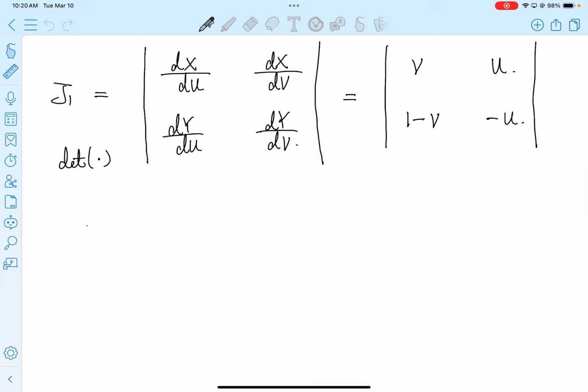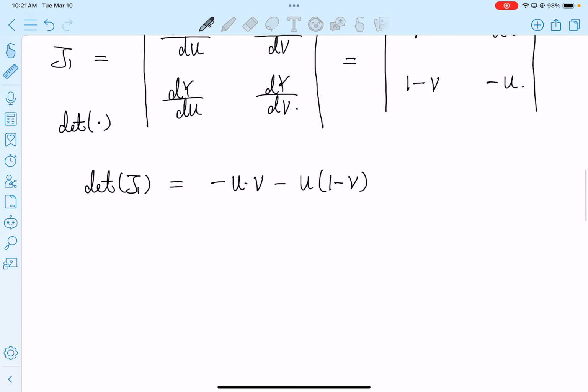So maybe we can also find the determinant of J1, which is the product of the diagonal minus the product of the off diagonal. So we'll have negative u times v minus u multiplied by 1 minus v. Okay, so now let's simplify that.